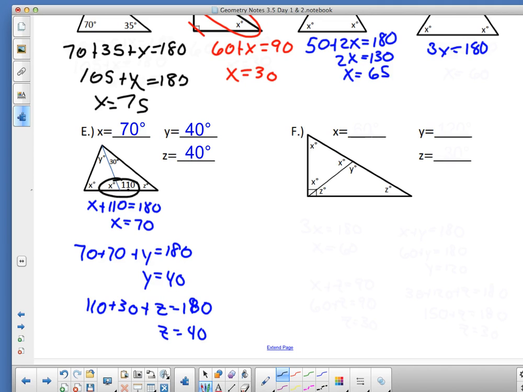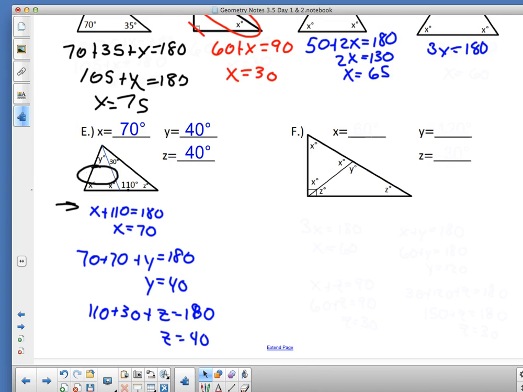X and 110, X has got to be 70 because they make 180 degrees. Because X is 70, so is the other X because they're the same variable. So now I've got 70 and 70 plus Y is 180, so that's where I get Y is 40.